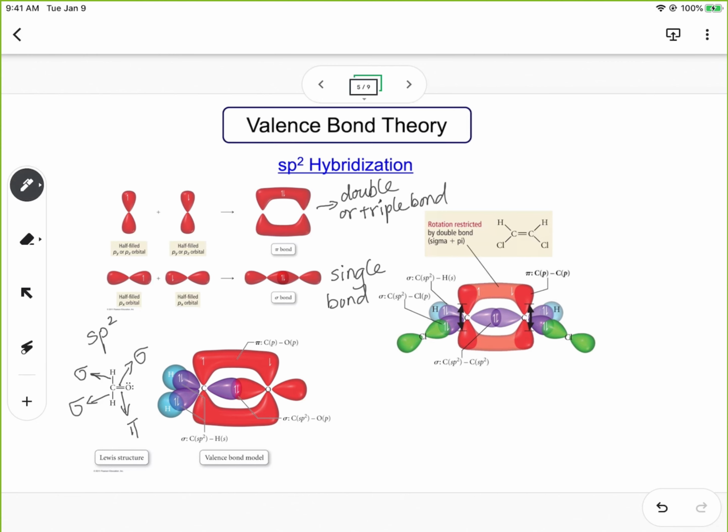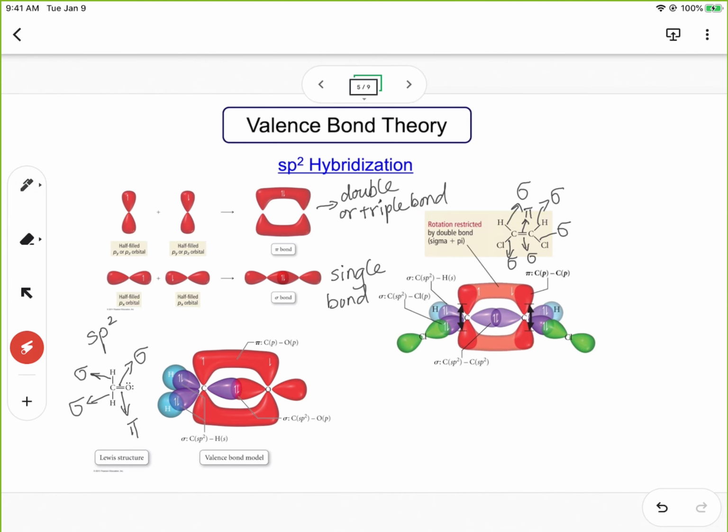So this single bond is a sigma bond. This one, again, a sigma bond. A single bond is always a sigma bond. And a double bond includes 1 sigma bond and 1 pi bond. So I expect you know how to label those bonding types based on their properties here.